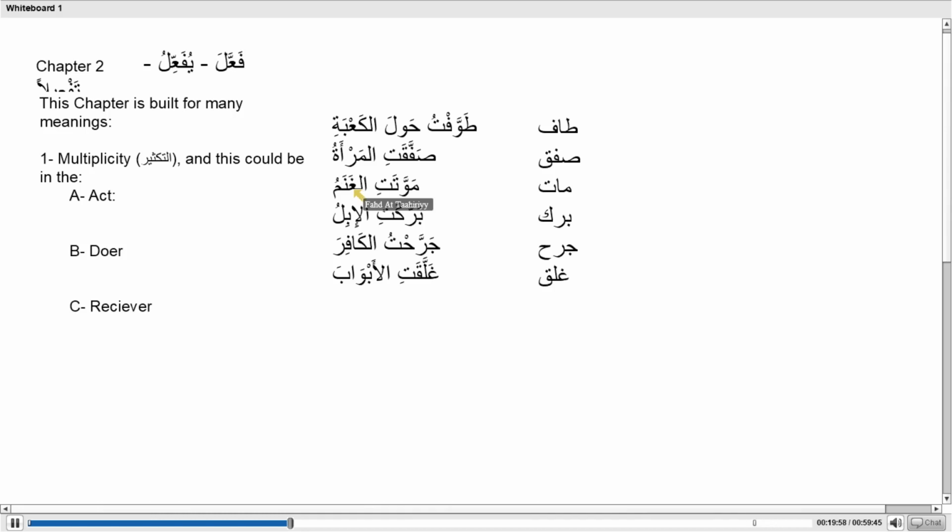طيب. Clear? طيب. Then we have baraka. Why are we not using the plural form of verb? There's no such thing as plural form of verb.